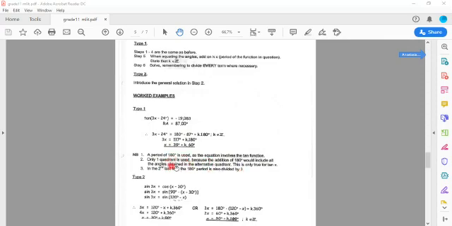Also, we're only using the first quadrant because of the restrictions with tan. And in the second last line, you'll notice k times 180 degrees, because this was divided by 3, this also gets divided by 3. So therefore it becomes plus k times 60 degrees.